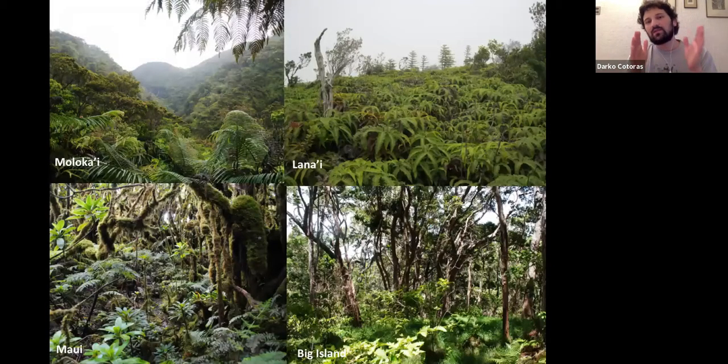What I will be talking about here mostly is the diversity that lives in rainforest, located between 1,000 to 1,600 meters across the islands. Something that is very characteristic of this rainforest is that taxonomically at higher levels, so let's say family and genera in some cases, they're very homogeneous. You will find the same families and genera across the islands in general.